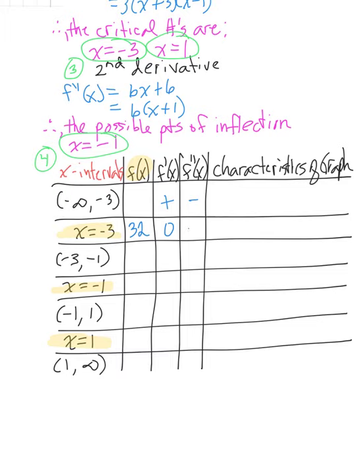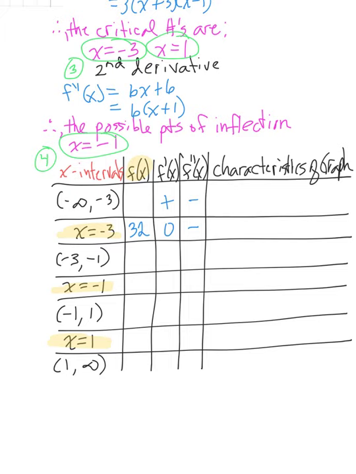The reason I'm giving you a negative and not its actual value, I'm always going to do that for the second derivative, because we use the second derivative to tell whether it's concave upward or downward. I prefer to look at it as a positive or a negative, because positive means it's concave upward, negative means it's concave downward. So it's just easier for me to look at.